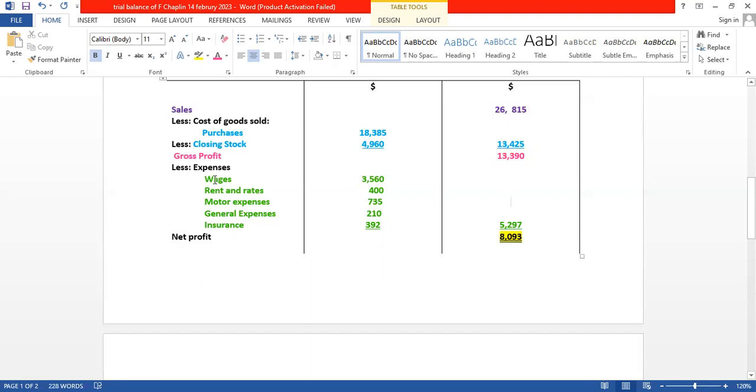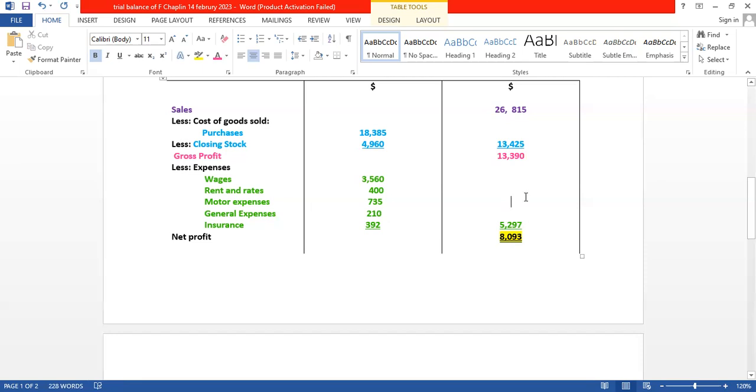So we're going to find all the expenses here, the total of the expenses, and then we're going to subtract it from the gross profit, which is this figure, so that we can get the net profit. So you just punch into your calculator $3,560 plus 400 plus 735 plus 210 plus $392, and you should get $5,297.